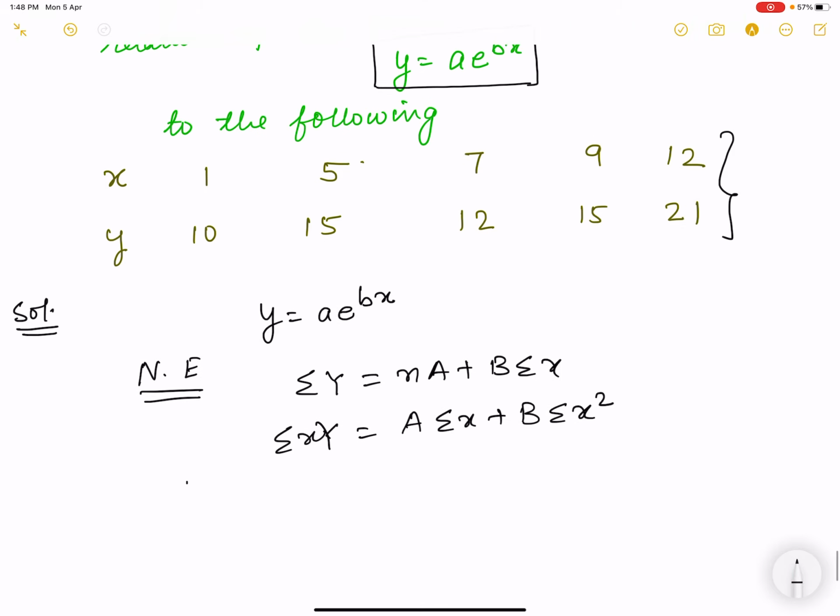And obviously we have to write the values of capital Y, which is log to the base 10 y, capital A is equal to log to the base 10 a, and capital B is equal to log to the base 10 e, multiplied by small b also.